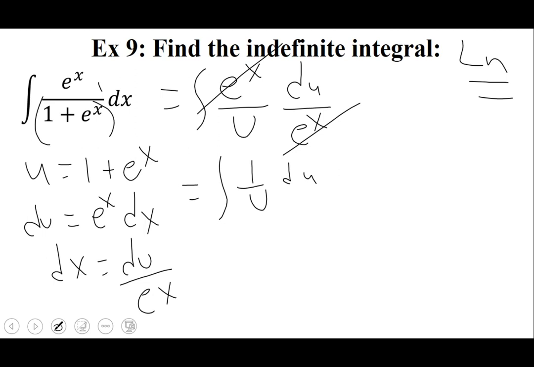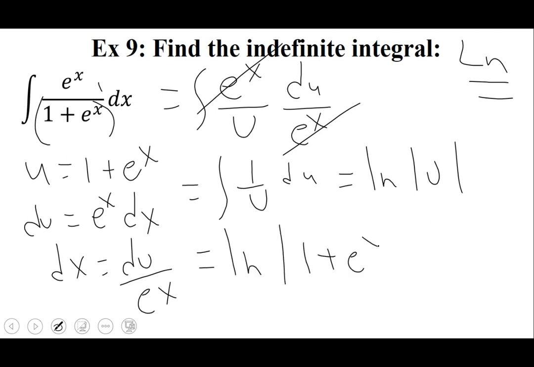Look on the side with the integration rules. How do you integrate 1 over u du? Remember that that's going to be equal to the ln of the absolute value of u. In your final answer, ln, plug back in whatever the original u was, and don't forget about the plus c. So just because we've moved later in the chapter, don't forget about those old rules.